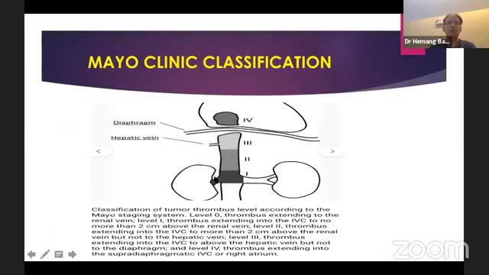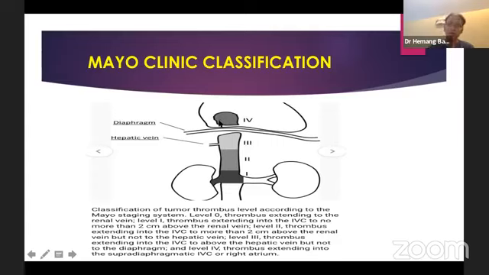Now, the Mayo Clinic classification is different. Level 1 is up to 2 centimeters of the renal vein. Level 2 is infrahepatic. Level 3 is above the hepatic vein, and level 4 is above the diaphragm.